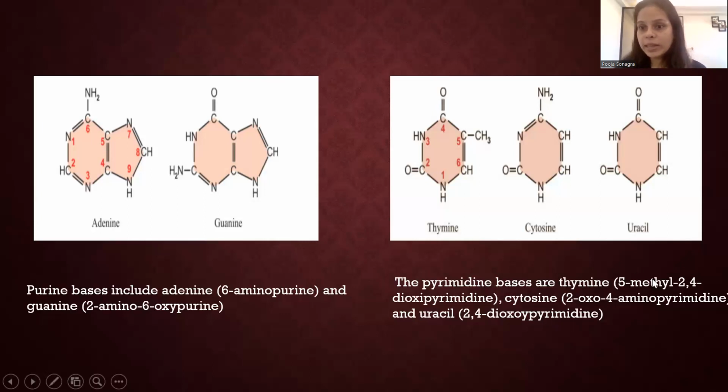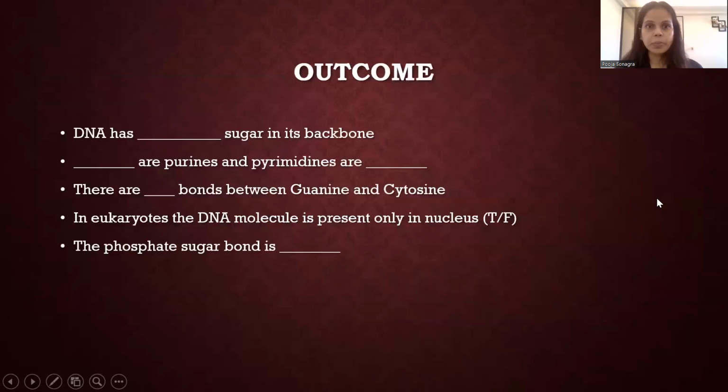You can see that only the 5-methyl is missing from uracil, and so it is 2,4-dioxypyrimidine. So this is the difference between purines and pyrimidines, and also the individual difference between themselves, like how adenine differs from guanine and how these three differ from each other in structure.